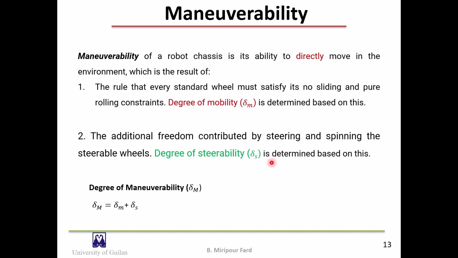Mathematically, mobile robot maneuverability is defined as the sum of degree of mobility and degree of steerability. So here, delta M, in which M is uppercase, shows the degree of maneuverability, and delta m, in which m is lowercase, shows the degree of mobility. We will talk about degree of mobility and degree of steerability in the next slides.